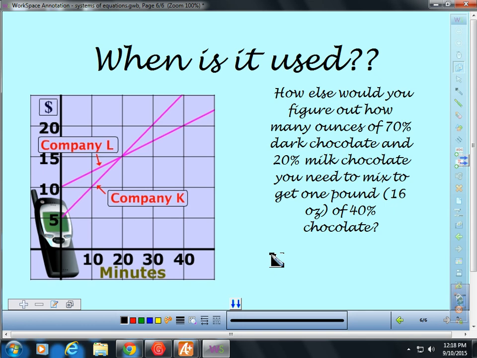It is highly applicable to life. It can help you find one thing or two different things that depend on each other, such as ticket prices and the number of tickets sold. So it is applicable to life, and I hope you actually get something out of this week as we go over it.